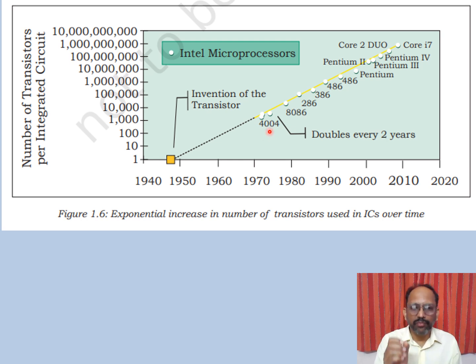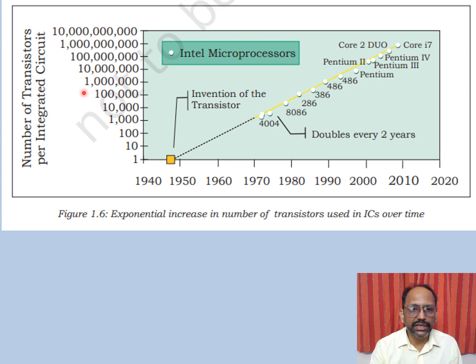It is the name of a microprocessor. What is the present day microprocessor we see in the present day computer? We see i3 microprocessor, i5 microprocessor, i7 microprocessor. See, from the 4004 microprocessor, now we are at core i7 microprocessor.